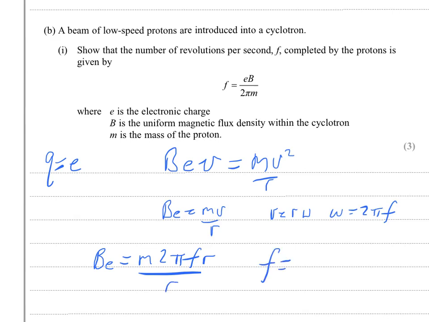So f is going to equal BE, or EB as they have put it, over 2 pi m. And that's what they asked us to do.